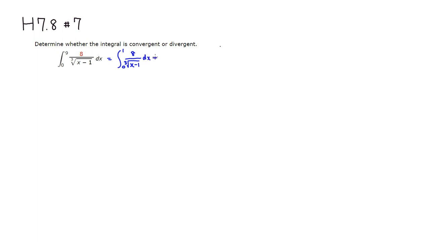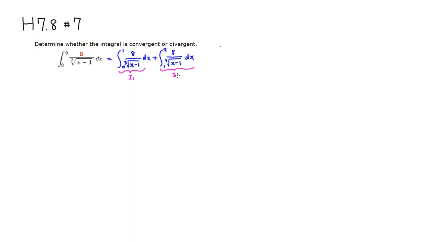And then you're going to start back up again from 1 all the way to 9, so you have 8 over the cube root of x minus 1 dx. So we have two improper integrals to deal with. I'm going to call the first one I1, integral 1, and I call this one integral 2.